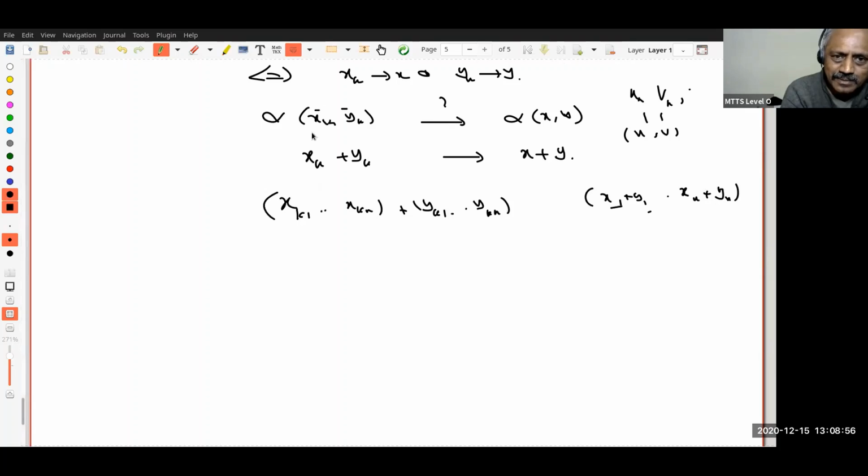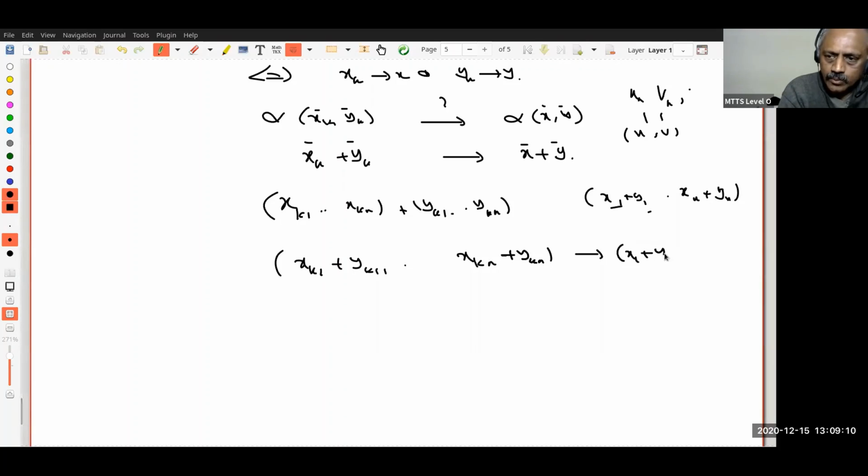If you want, let us put a vector notation for the time being. Now usually this is xk1 plus yk1, and similarly xkn plus ykn. I want to know that it converges to x1 plus y1, etc. Right? But what do I know about that?